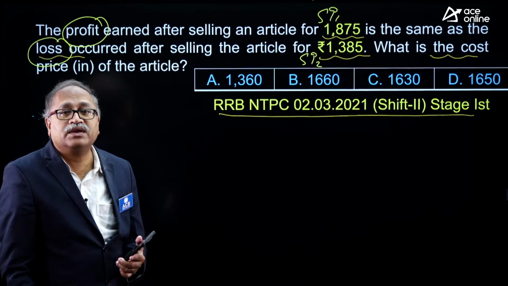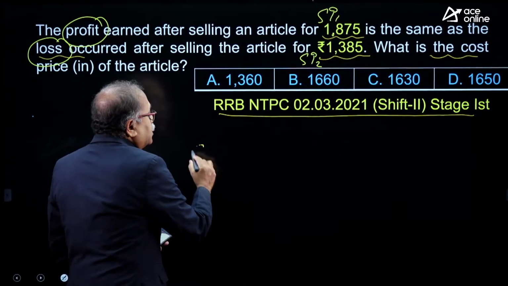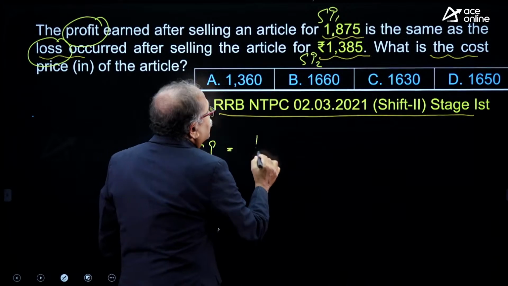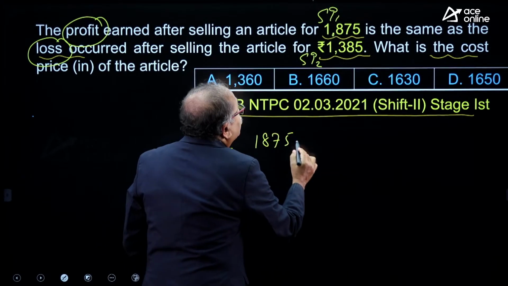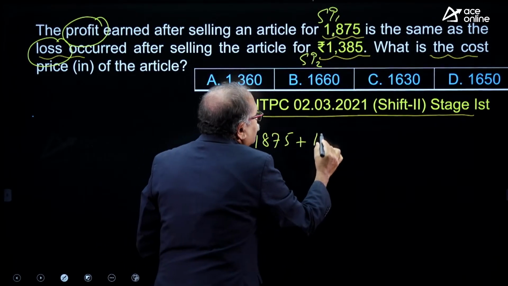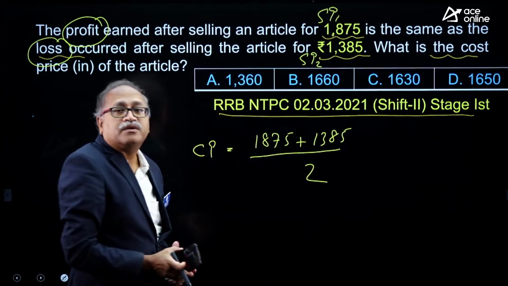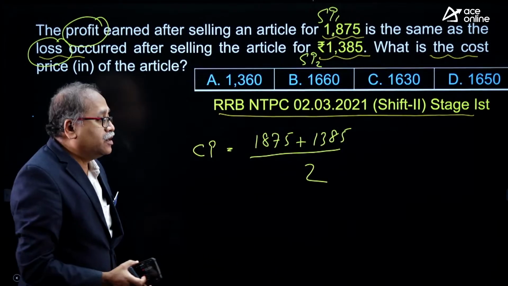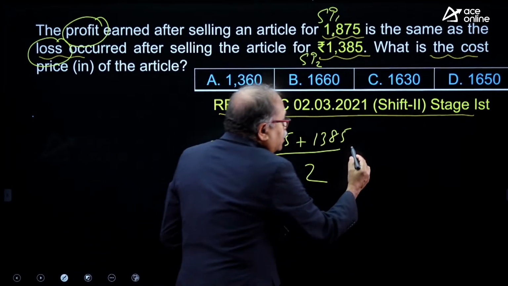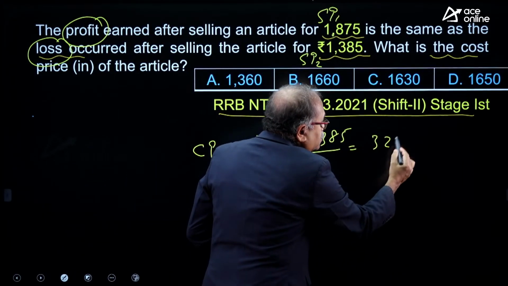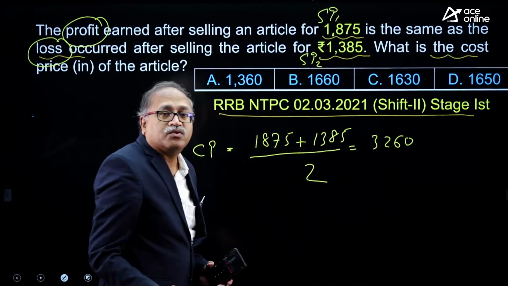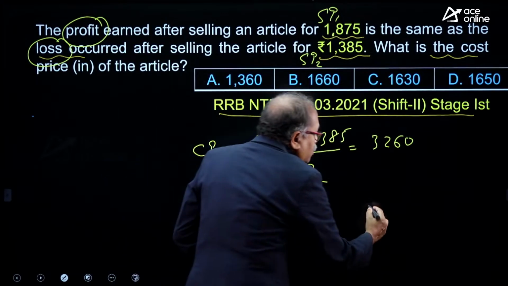So, therefore, instantly he finds the cost price. CP is equal to SP1 plus SP2, 1875 plus 1385, divided by 2. That is all. So, it comes to 3260 divided by 2, that is 1630 is your answer.